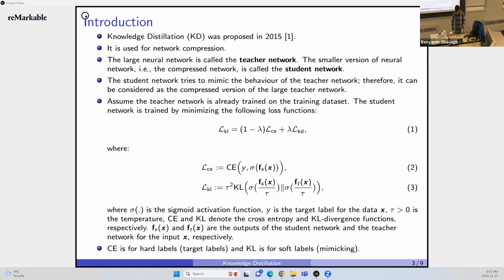Then the idea is this. I have a big network, very big network. I also have a smaller version. I have the big network already, but I want to make a small network out of it. How do I do that? You tell me. I have some data set as well. Data.